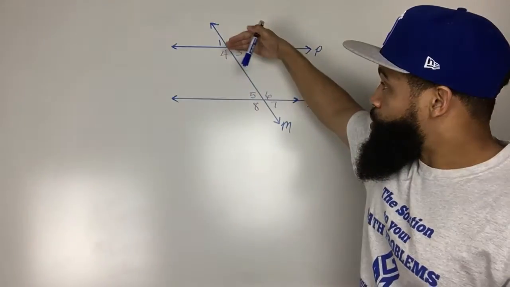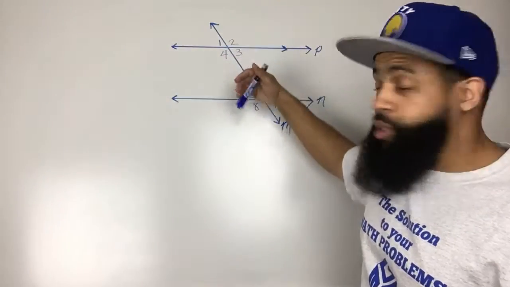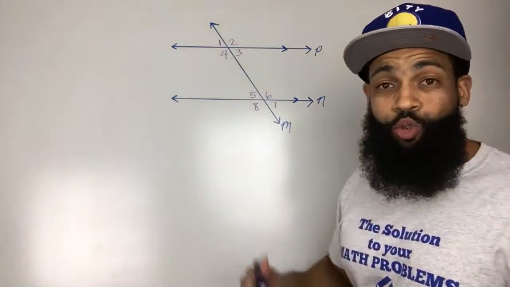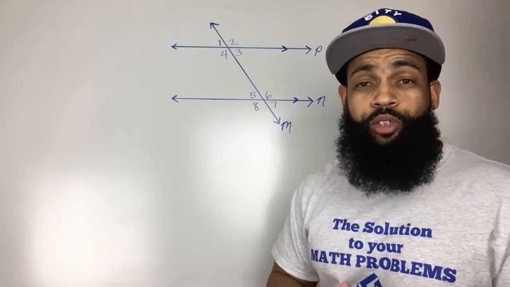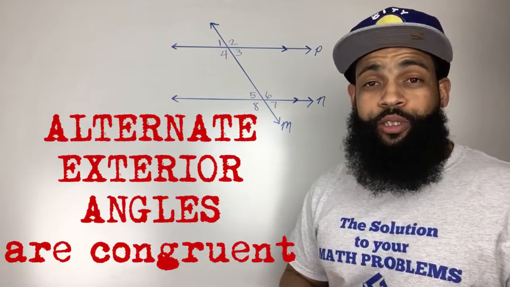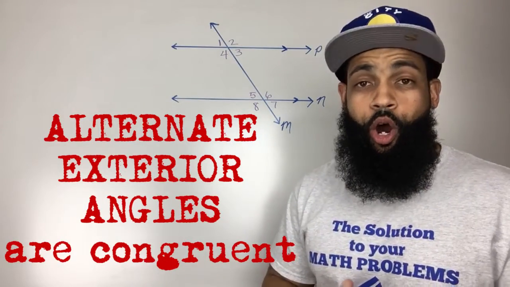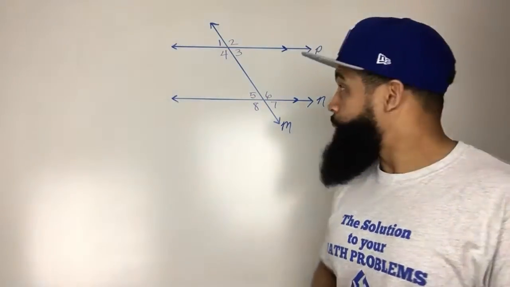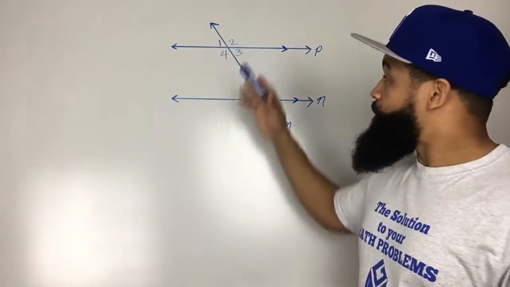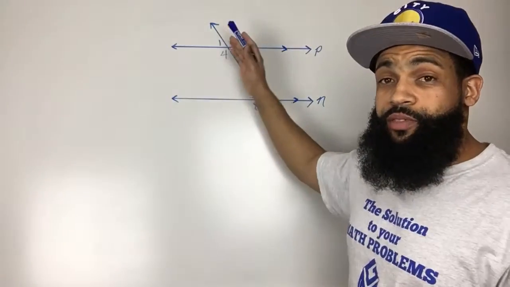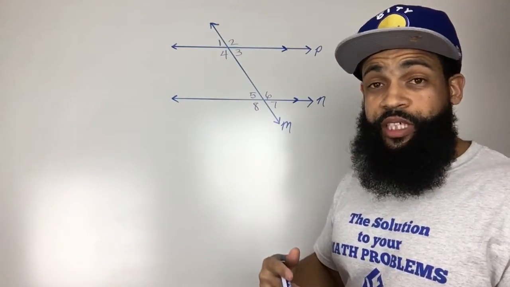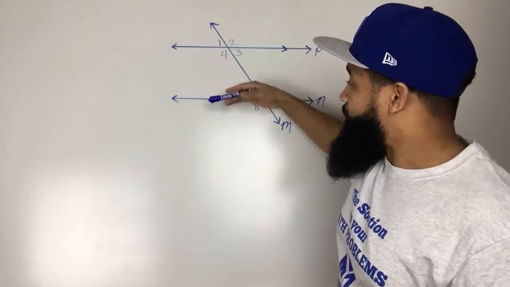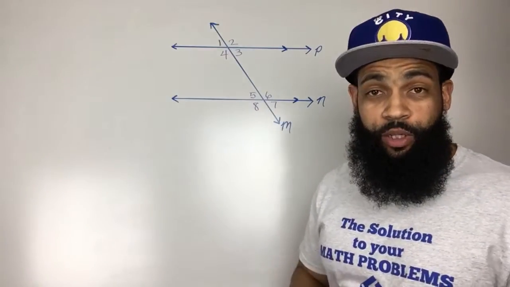Once again, they're on the interior of the set of parallel lines, and they're on opposite sides or alternate sides of the transversal. The theorem also tells us that alternate exterior angles are congruent. Alternate means on opposite sides of the transversal, but the exterior portion means that they're on the outside of the pair of parallel lines.